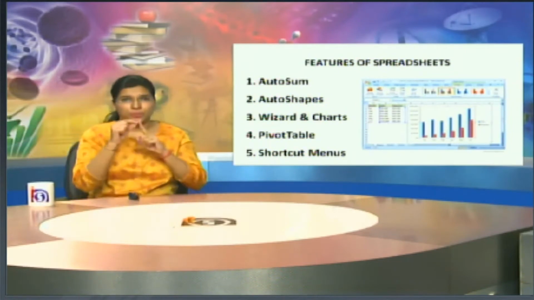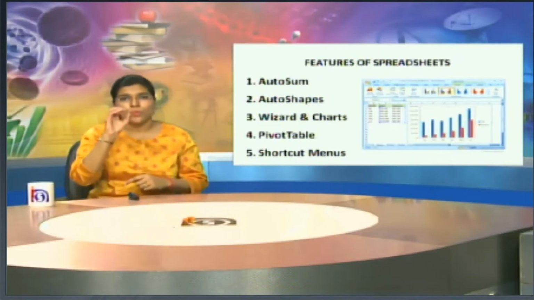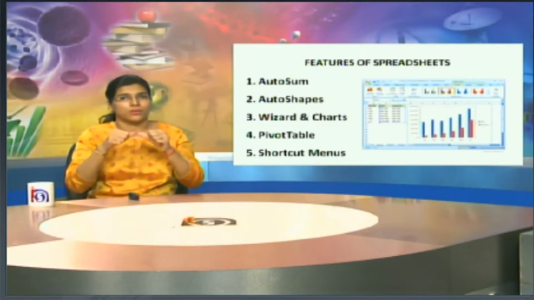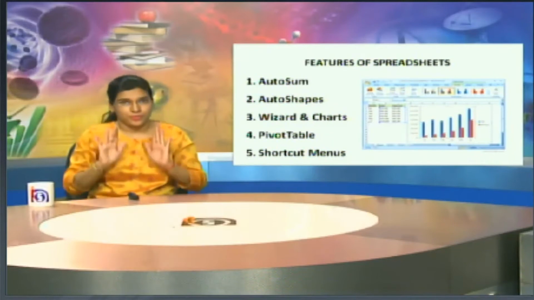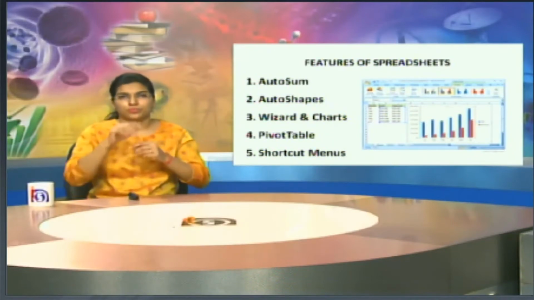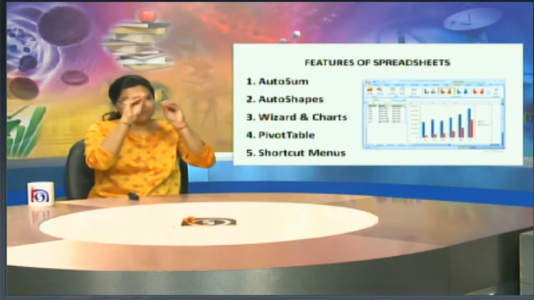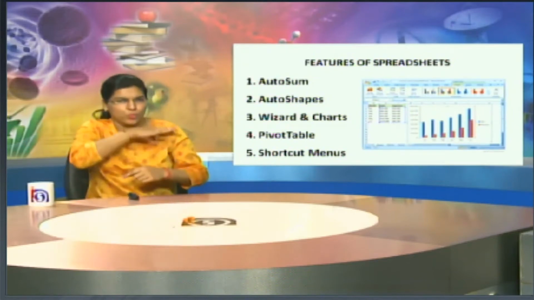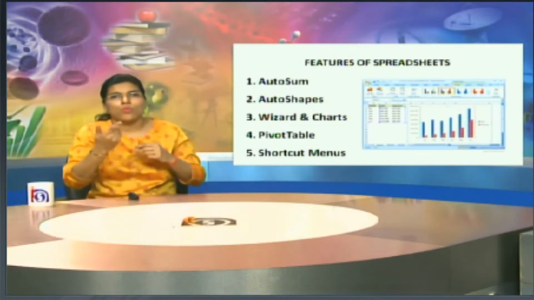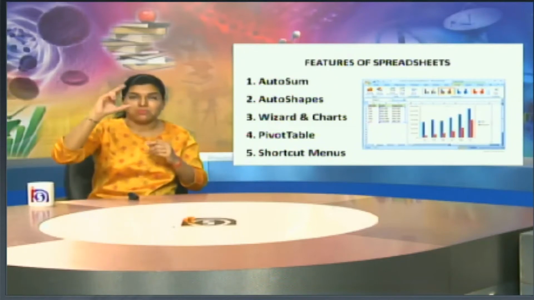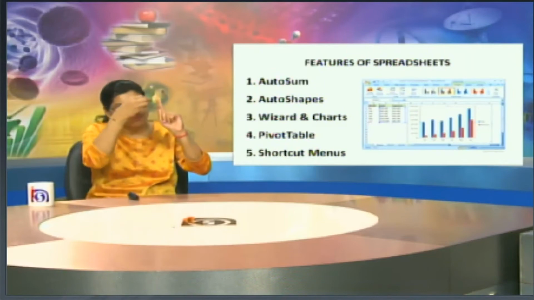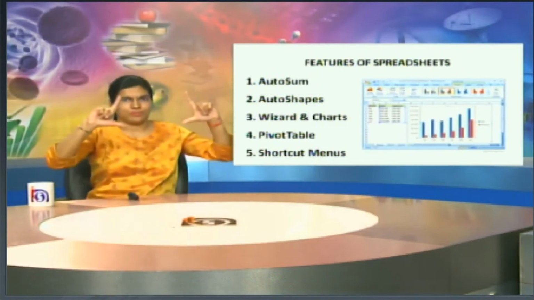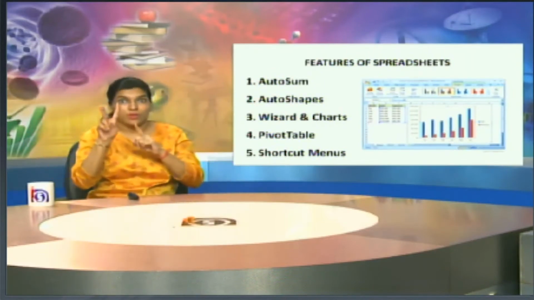The fourth is pivot table. This is used at many places. For example, in a worksheet or any chart, we have to show some profit or some expenditure which is more in number for females or males, such data you are putting.